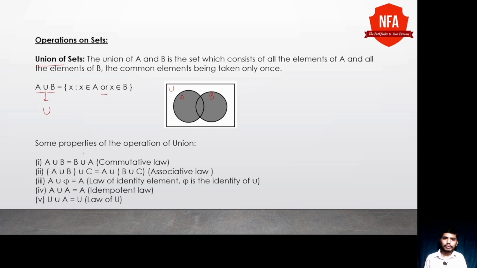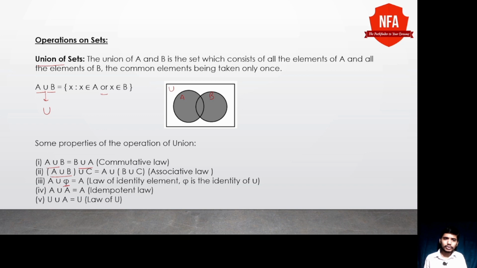Now let's look at some properties of the union operation: A union B equals B union A. We all know A plus B equals B plus A. Similarly, we have the associative law, which says A union B taken first, then union with C, is the same as A union with the combination of B union C. And we know phi is the empty set.